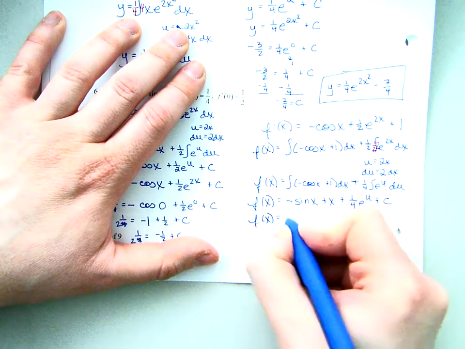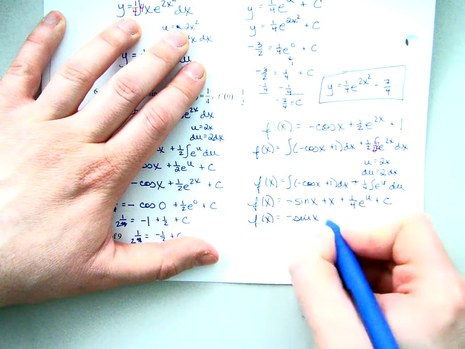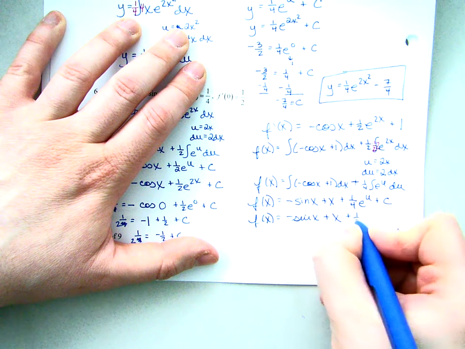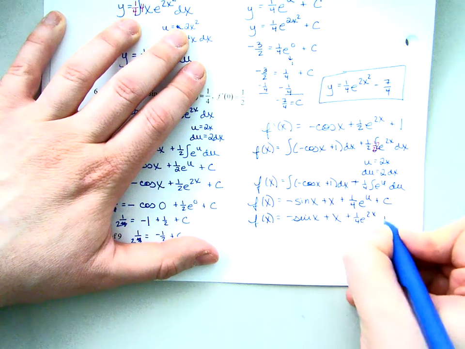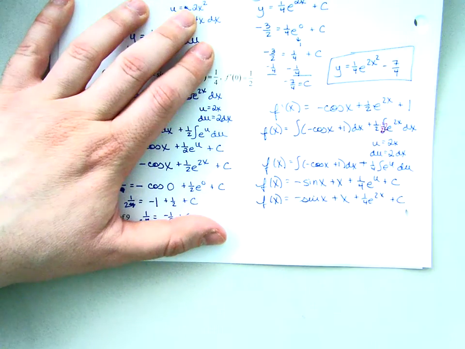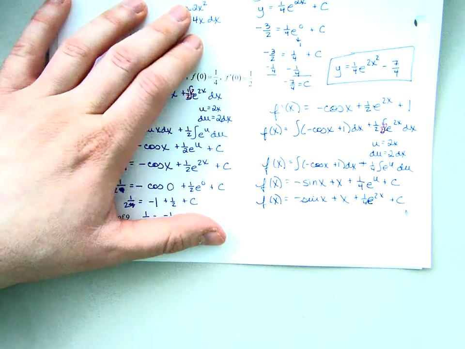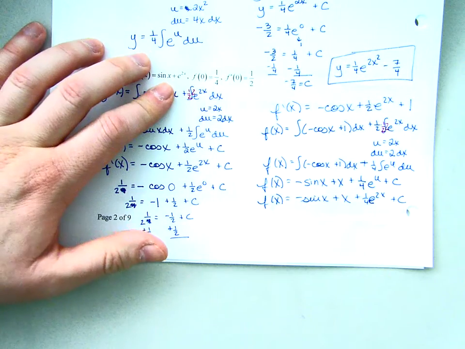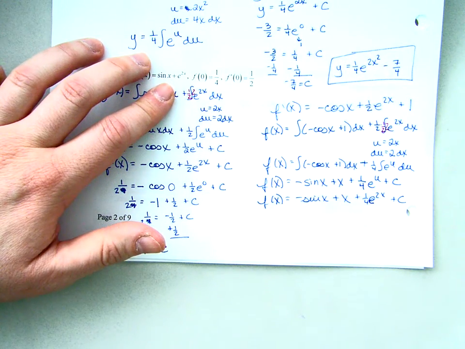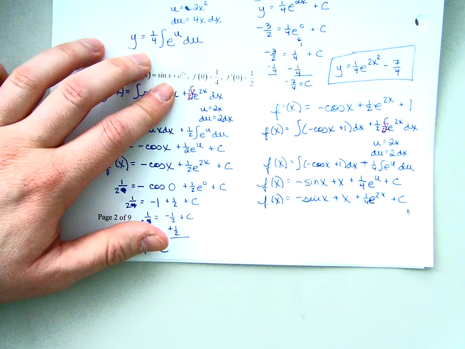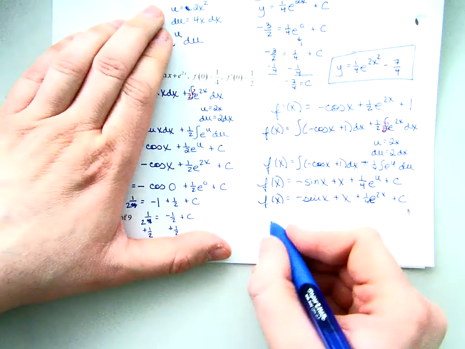Okay, so I'm getting f of x equals negative sine x plus 1/4 e to the 2x plus a constant. Wait, is that e on the bottom? That is not. Did you find your c value? What is it? It should be 0.